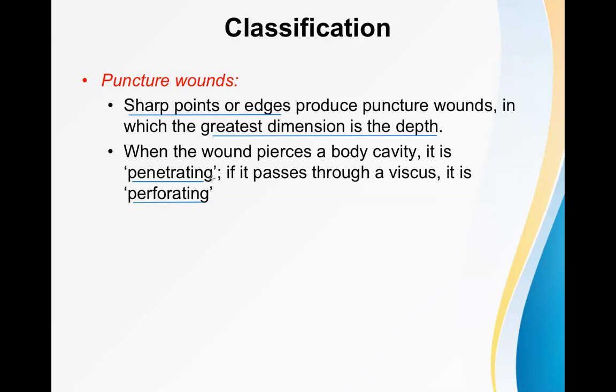But if the same knife penetrates through the intestine or stomach and makes a through and through opening, this is known as perforating. So let me explain once again. Somebody has attacked another person with a sharp knife.